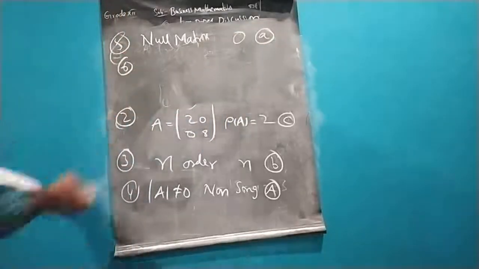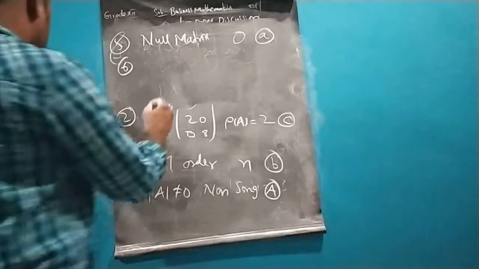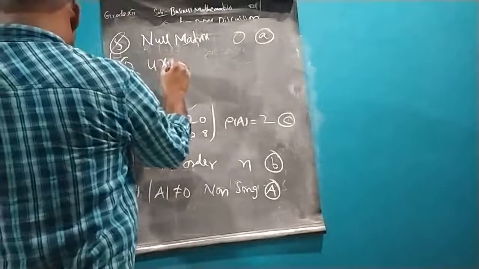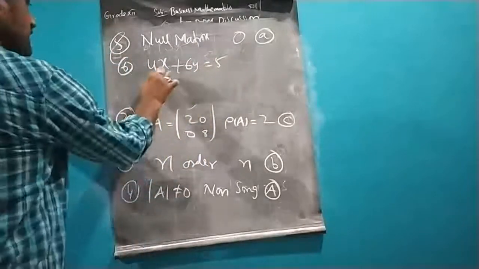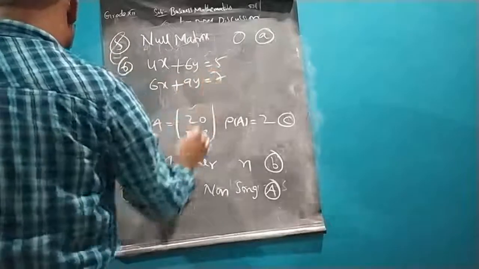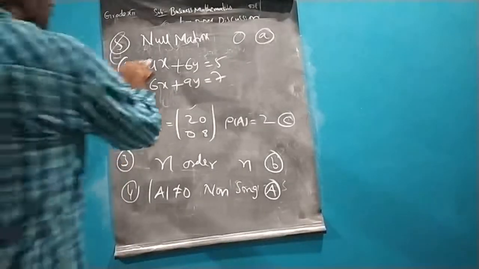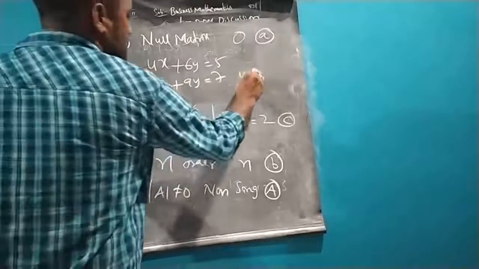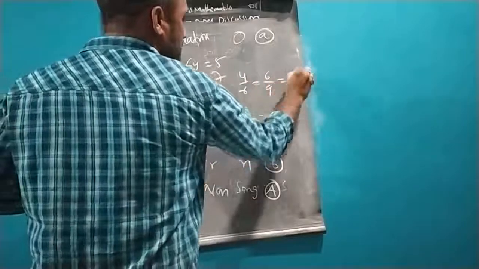Next, sixth question. There are two equations here: 4x plus 6y is equal to 5, and 6x plus 9y is equal to 7. What kind of solution do they have? If you see here, a1 by a2 is 4 by 6, b1 by b2 is 6 by 9, and c1 by c2 is 5 by 7.